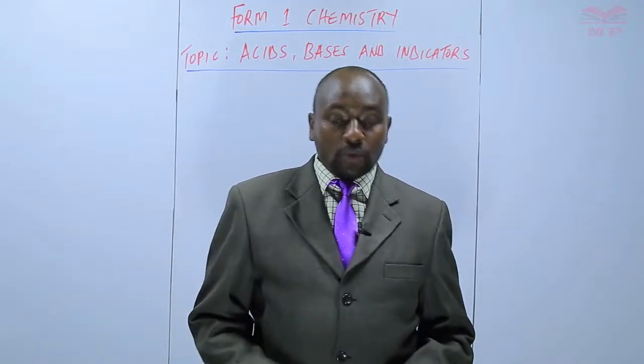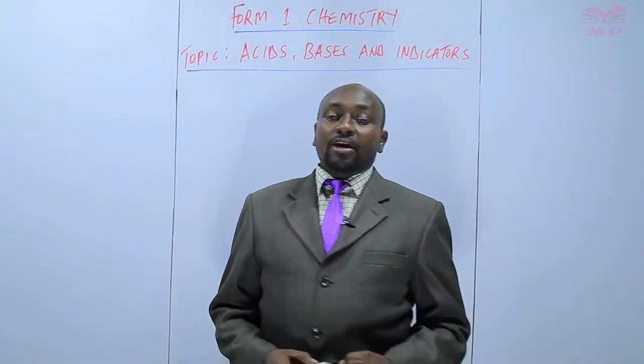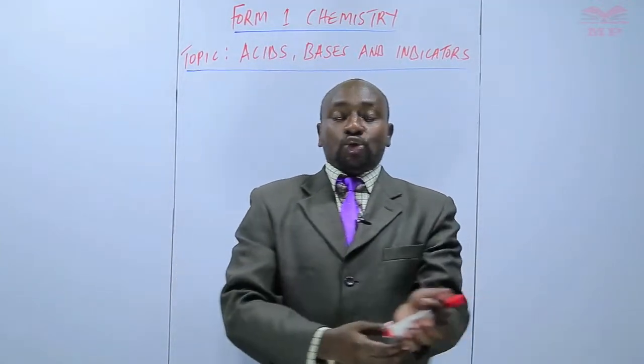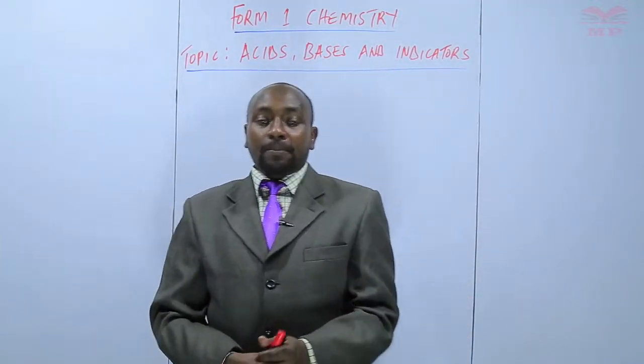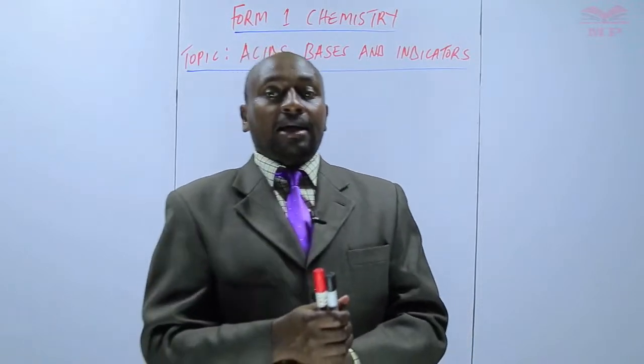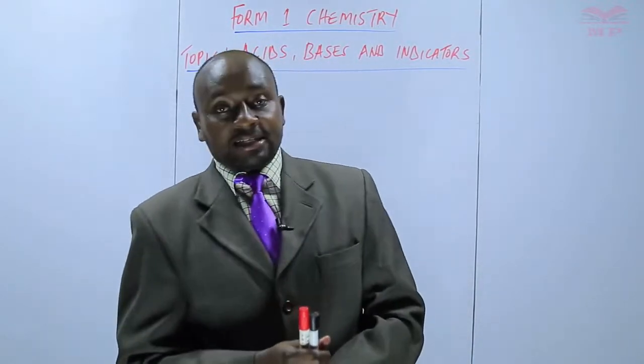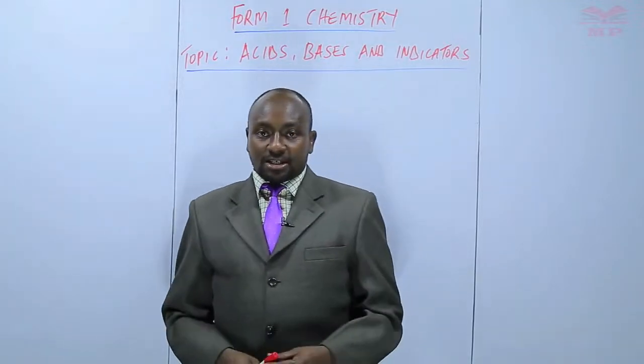So at this point, we are going to discuss commercial indicators. This is in addition to what we discussed the last time, whereby we discussed the extraction of indicators from plant extracts.